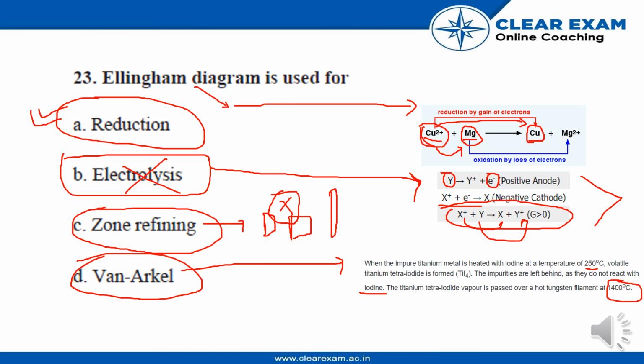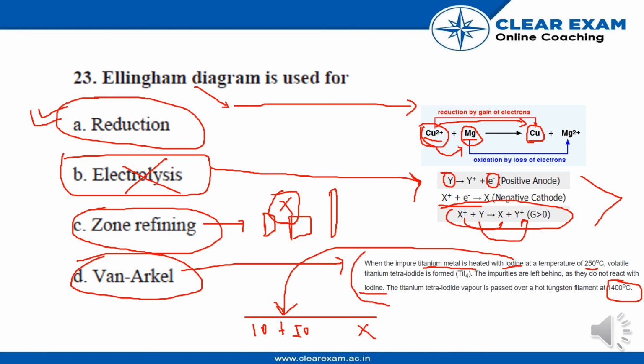From this definition, one metal is being heated with iodine. Iodine is not another metal, it is a substance, and the metal is first heated and then reacted with iodine. So that is not where we want to use our Ellingham diagram.